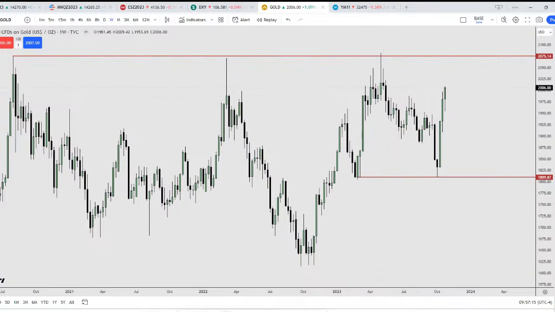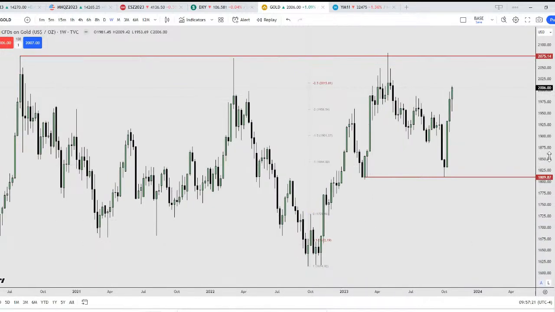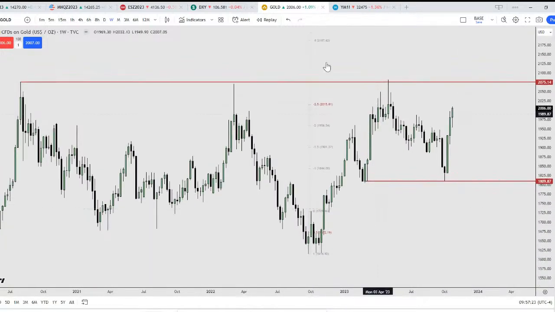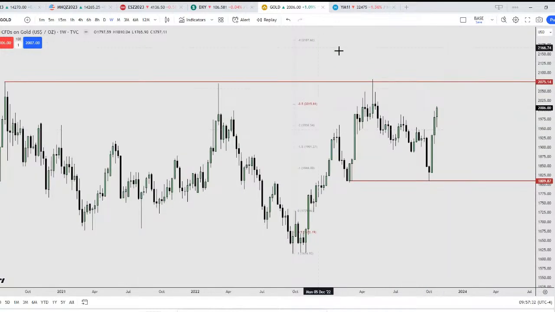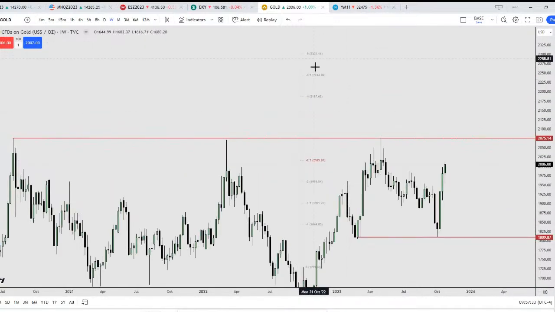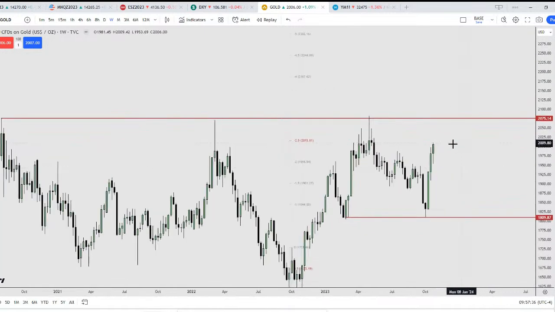How far can this go? I would be looking at the fourth standard deviation, 2187.62, and from there we should see some reversal back down for gold.